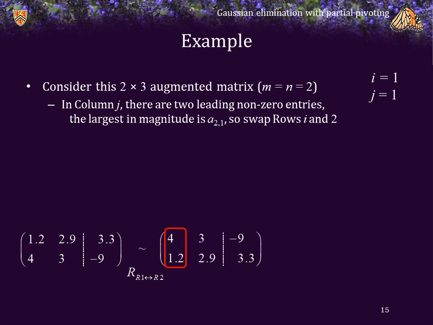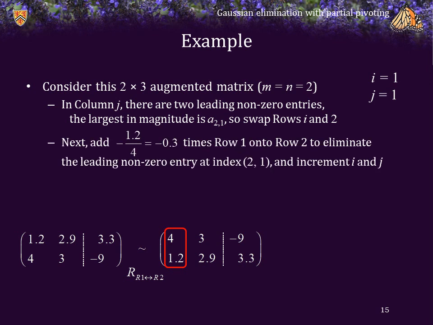This places the largest entry in absolute value in row i equals 1. What we will do now is add an appropriate multiple of row 1 onto every subsequent row so as to eliminate any other leading non-zero entries in column j equals 1.